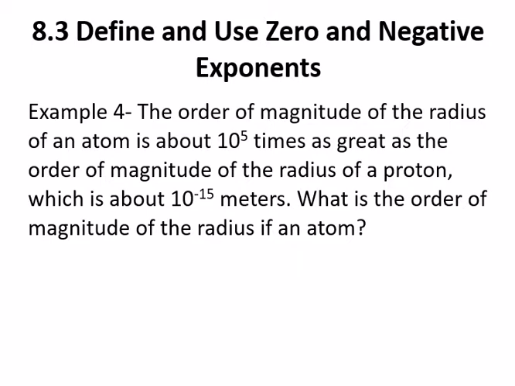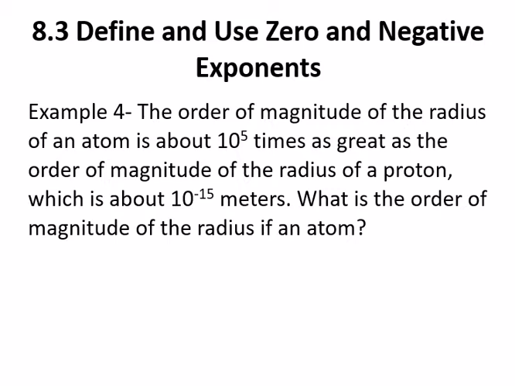In example 4, the order of magnitude of the radius of an atom is about 10 to the 5th times as great as the order of magnitude of the radius of a proton, which is about 10 to the negative 15th power meters. What is the order of the magnitude of the radius of an atom? So you want to begin with just setting it up with words, and then we can fill in some numbers.